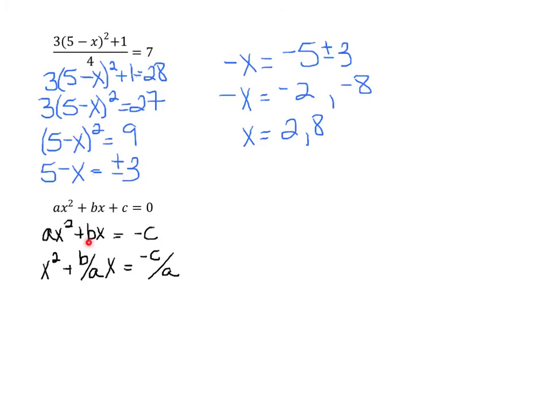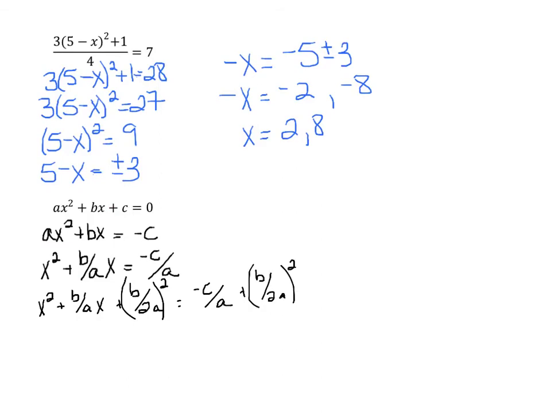Step 3, cut this in half and then square it. Cutting it in half means that we now have (b over 2a) squared. And that's going to be equal to negative c over a plus (b over 2a) squared.